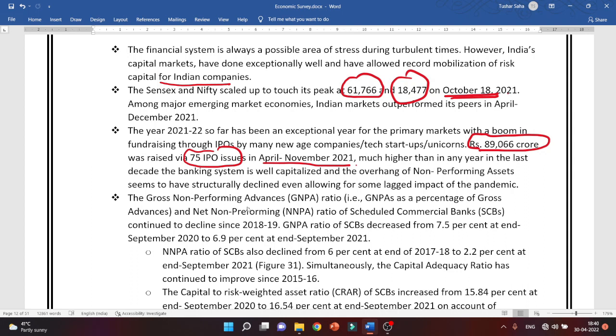But yes, the rest, almost everyone, have given positive results. I'm not telling everyone, almost everyone. So they gave positive returns. Still you could see the IPOs are coming. The LIC IPO is coming.